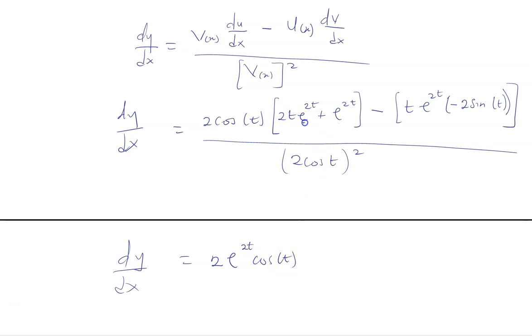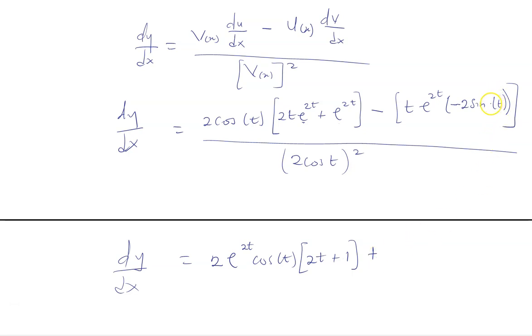I've brought the e^(2t) out and multiplied with the 2 cos t. Then what will be left inside? It will be left with 2t plus 1, because I've taken the e^(2t) out. And here too, negative is going to be plus. So we have our plus.